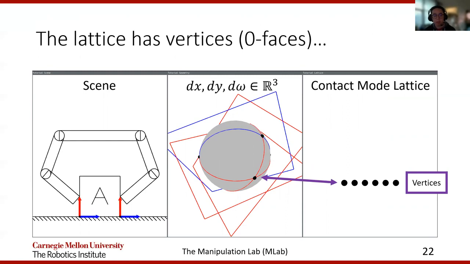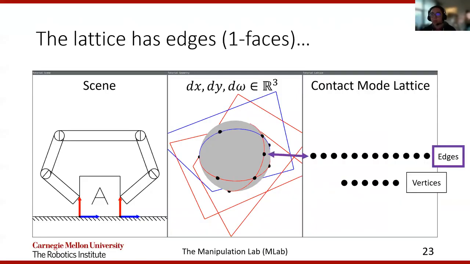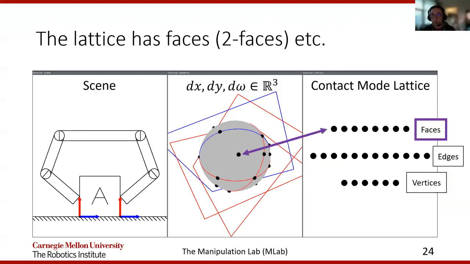So for instance, the lowest level corresponds to the zero-dimensional faces, which we'll call vertices. The one-dimensional faces we'll call edges, and the two-dimensional faces we'll call faces, and so forth. The d minus one-dimensional faces we'll call facets.